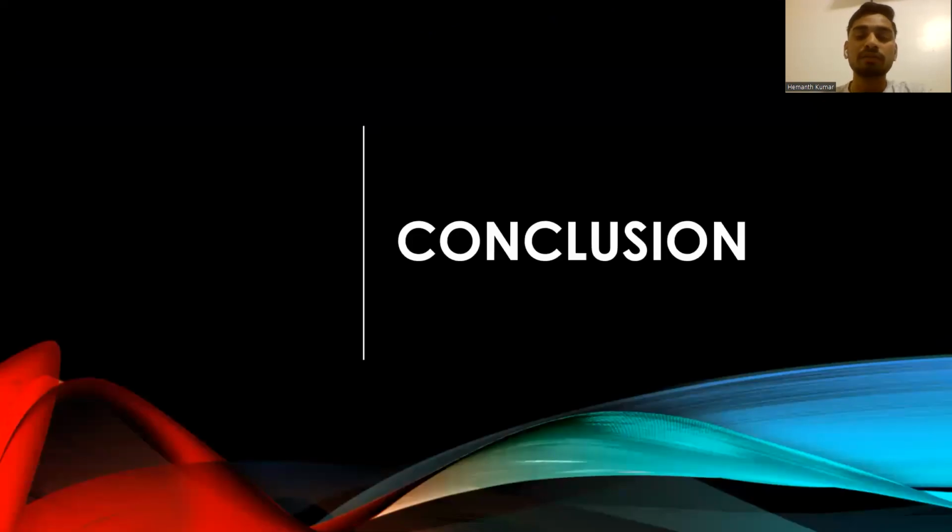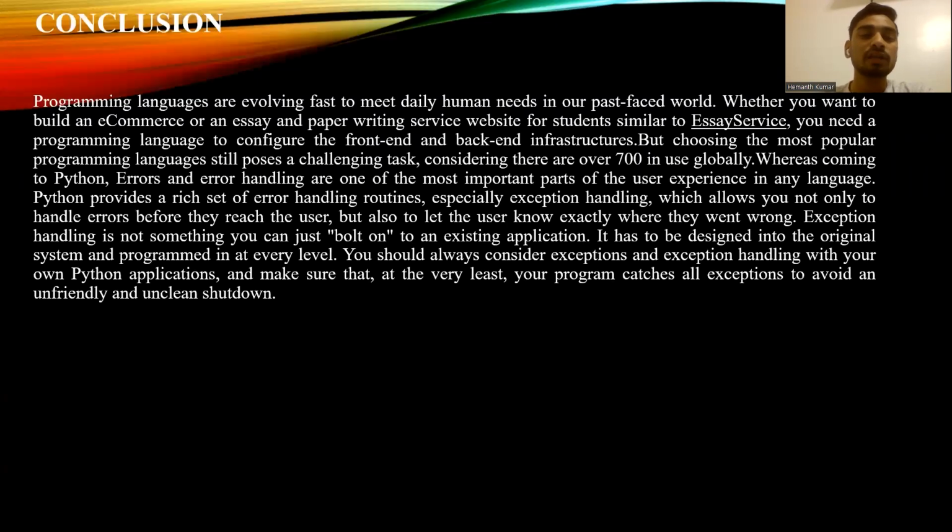And going ahead to the next slide, we have the conclusion. Finally, I conclude that Python is a very fast evolving language and is also useful for humans, and it also provides easy service. Python programming is mostly used for front-end and back-end development. And more than 700 are using Python globally.